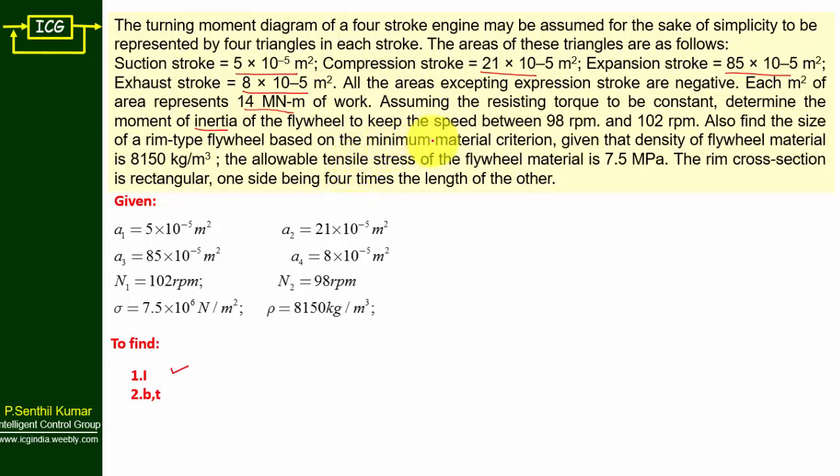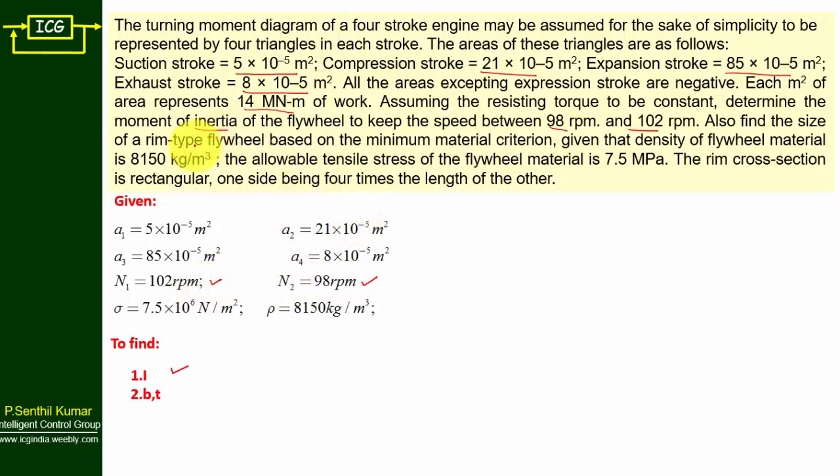To keep the speed between 98 rpm and 102 rpm, instead of average speed they have given maximum and minimum speed. So let me take minimum speed n2 equal to 98 rpm, maximum speed n1 equal to 102 rpm.